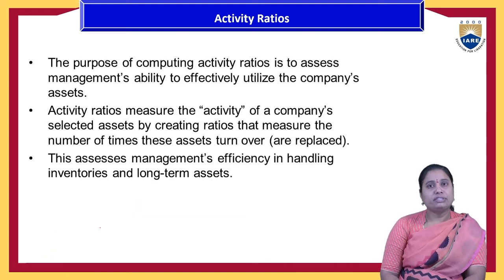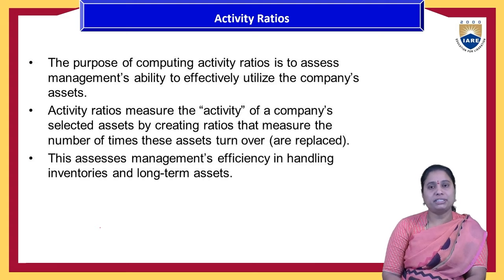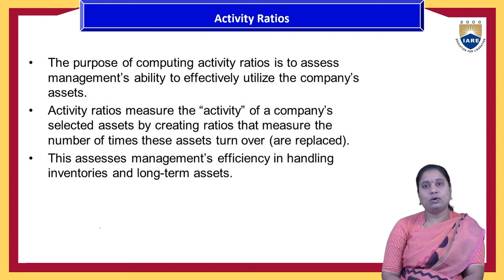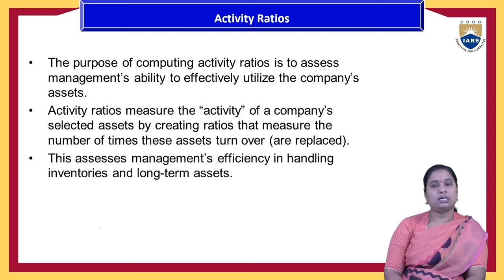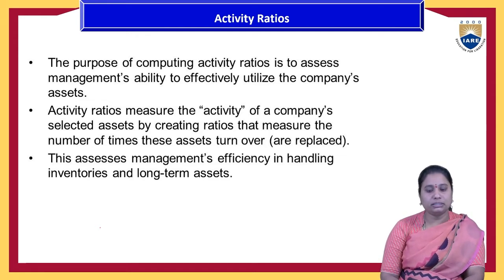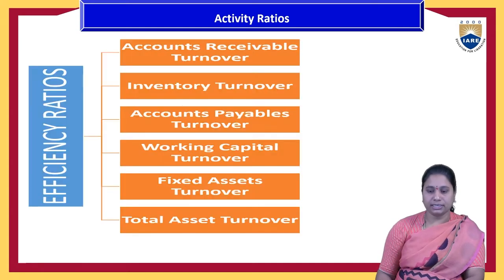The purpose of computing activity ratios is to assess the management's ability in efficient utilization of company assets, because it measures each and every productional activity involved in the organization, and also evaluates how efficiently long-term assets are handled.